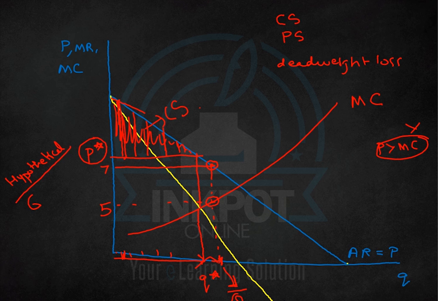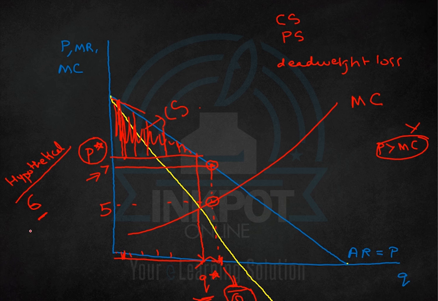Right now we have already said that this Q bar unit is not sold because the monopolist's decision is to sell only Q star units, and anything to the right of it will not be sold. Hypothetically, however, let us say that this Q bar unit is sold to the person who has a willingness to pay of 7, and the monopolist and this person negotiate and arrive at a price of 6 for this unit.